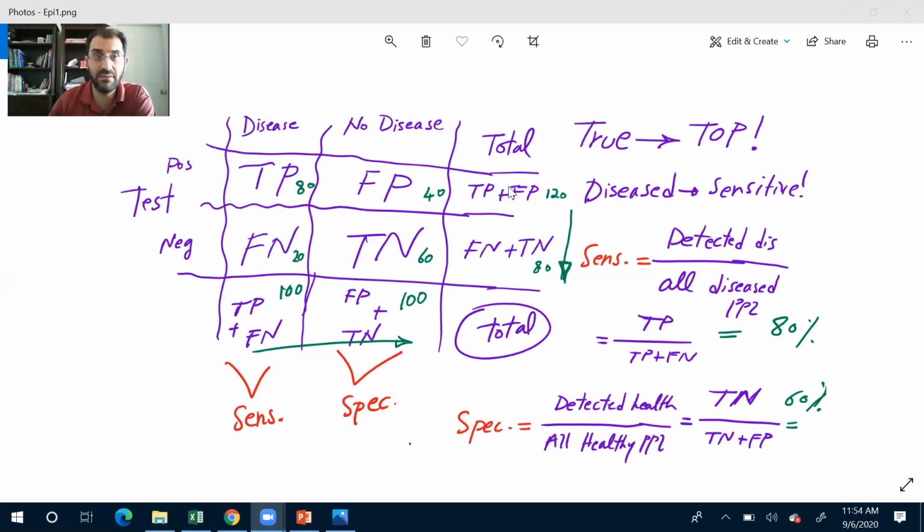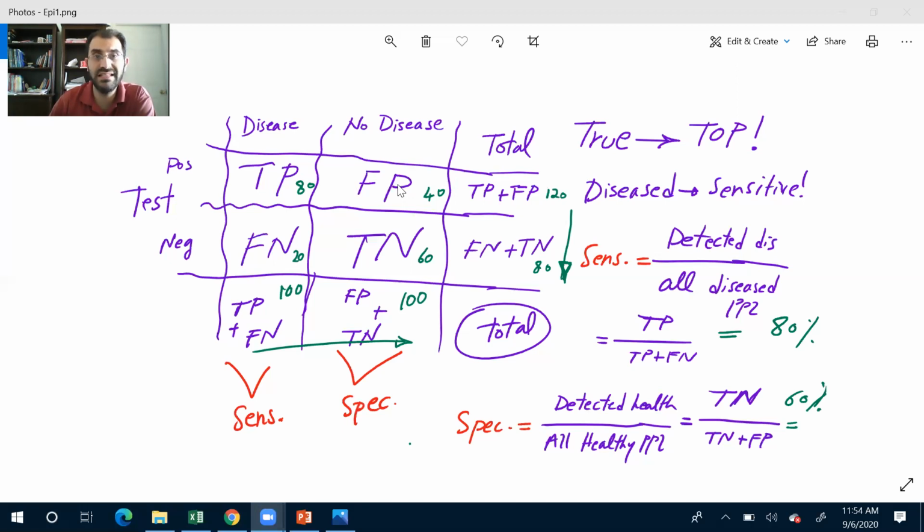It will not be the same pace after I am done with this table, but this is a game changer for the day. True goes at the top, and these are my positive tests, so if this one is true positive, this one should be false positive.